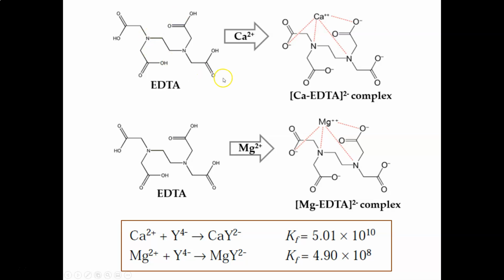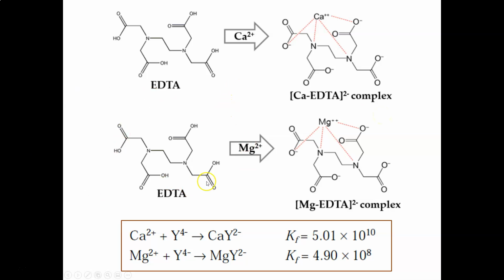But if the protons dissociate so that we have the negative charges, then the calcium ion right here, which has a 2+ charge, is able to form bonds with the EDTA, and 2 of them are with the negatively charged carboxylate group, and the other 2 are with the nitrogen. So we have a calcium EDTA 2- complex. Calcium is +2, and then these are each -1. So overall the complex has a -2 charge.